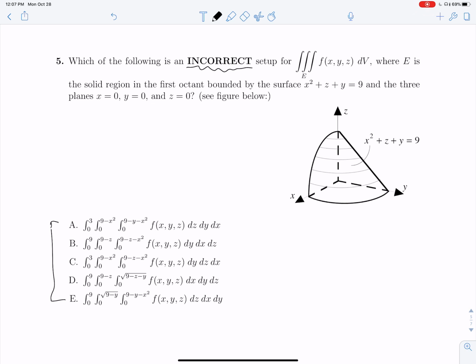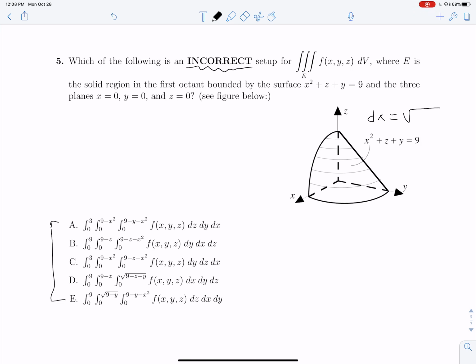We know that, say, we're taking an integral with respect to z, the bounds have to be in the form z equals something. And in this case, whenever we're taking a dx, it has to be a square root, because otherwise it would be x squared equals z plus.